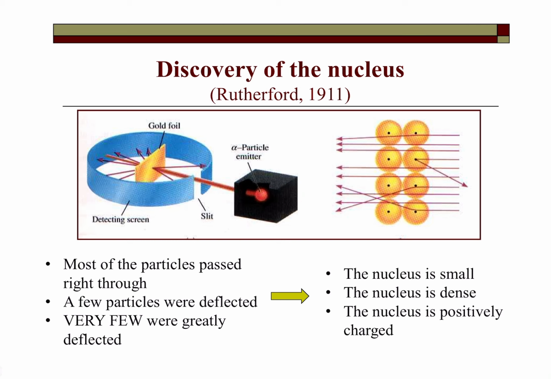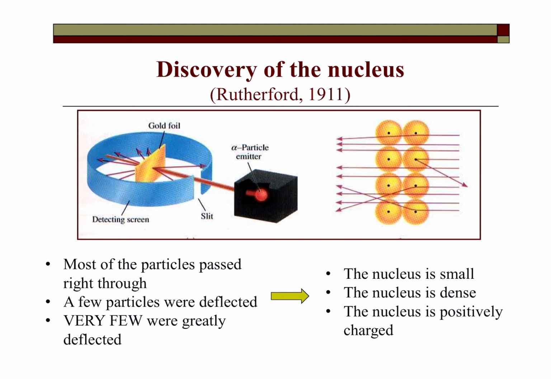Or we can use Rutherford's method. In Rutherford's method, as you see here, there's a gold foil inside a detecting screen, and we have alpha particles directed at the gold foil, and they scatter into several parts, and we can detect them. As you see here, most of the particles passed right through.